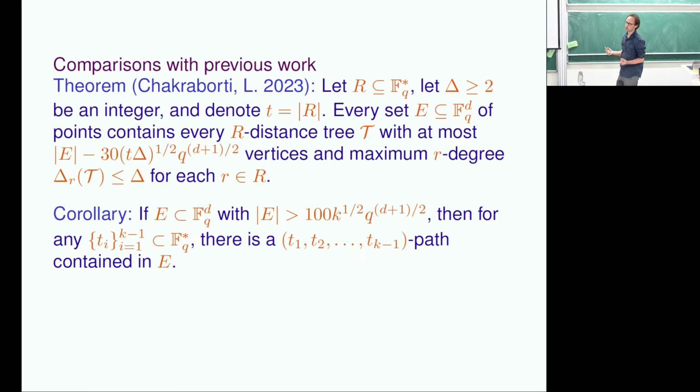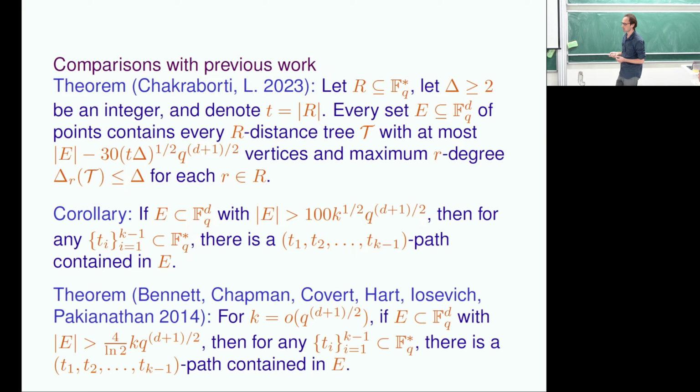But we would contain every path that's on at most half of the vertices that uses k different distances. But every path that's of length k only uses k different distances. So if we throw away all of the extra information coming from the theorem, this is what we get. Does that make sense?